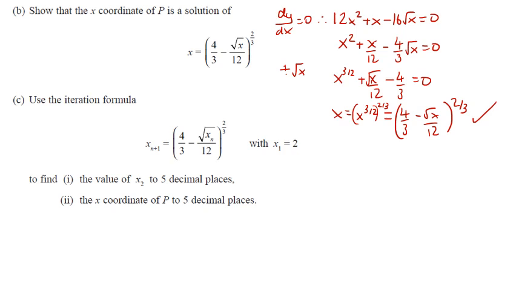Then use the iteration formula with the first value of x equal to 2. Find the second value. So this is where you should use your calculator. What I would do is put 2 into the calculator and then press equals, and that will store that as 2 in the answer part of the memory.